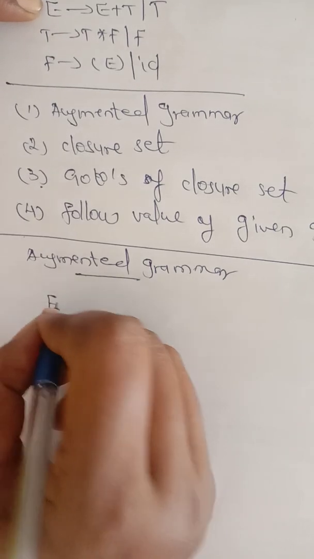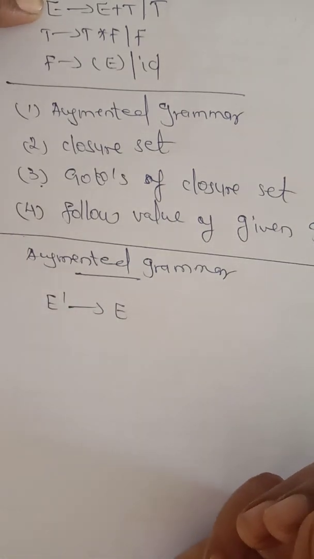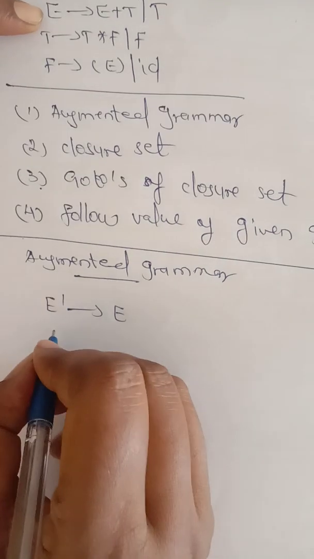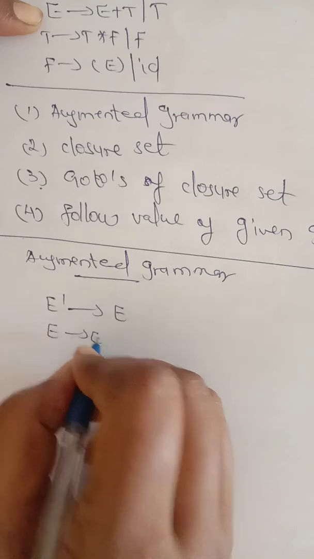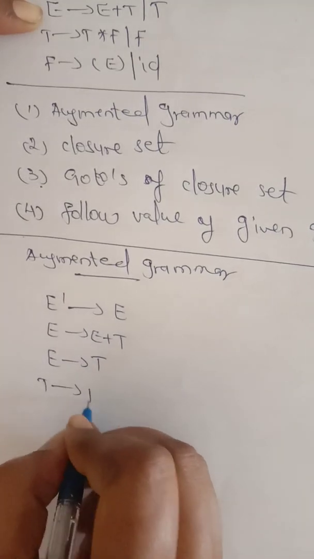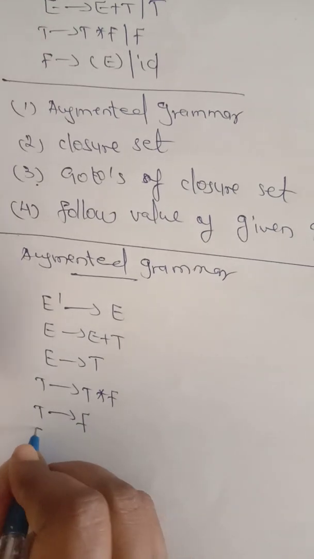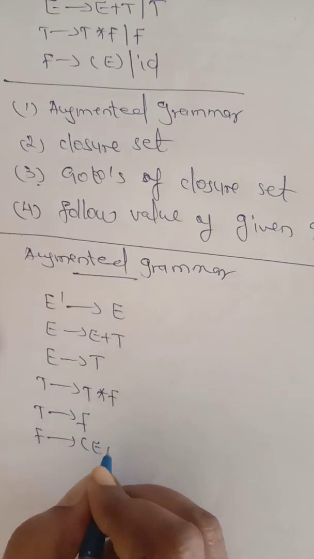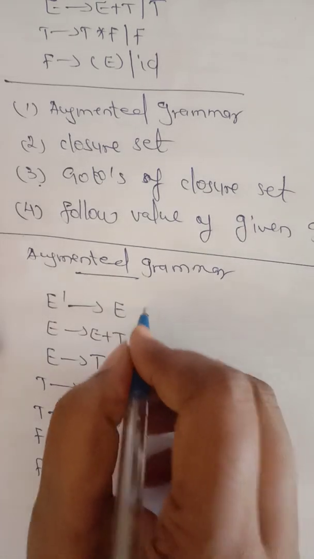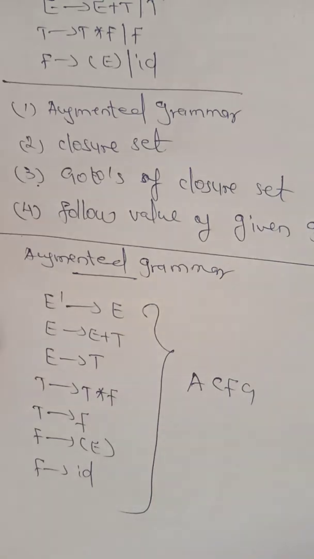Here we have E, so E dash goes to E. Then write the remaining productions from the given input: E goes to E plus T, E goes to T, T goes to T star F, T goes to F, F goes to open bracket E close bracket, F goes to ID. This is called the augmented context free grammar.